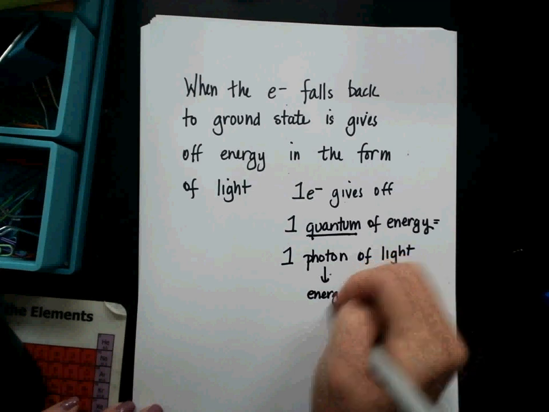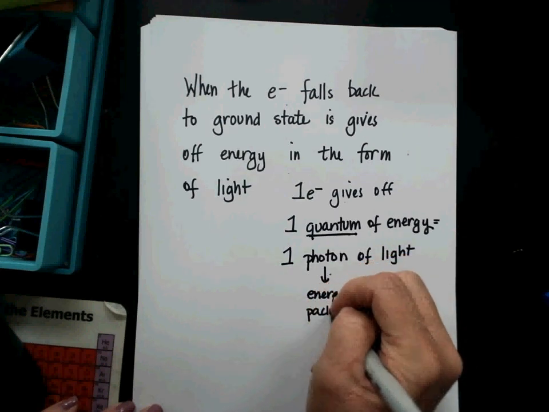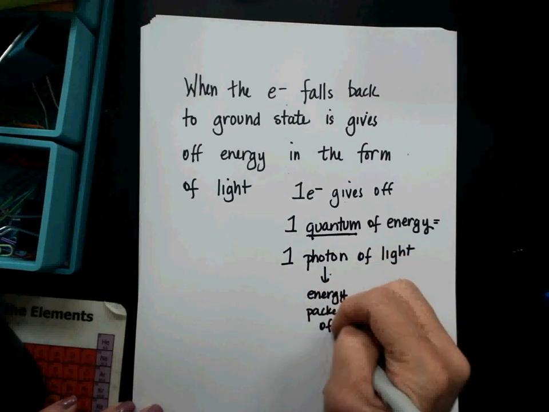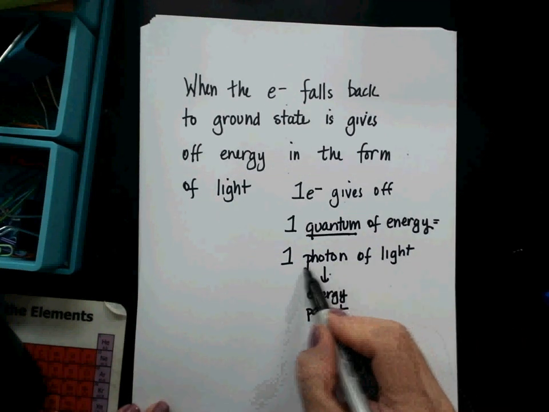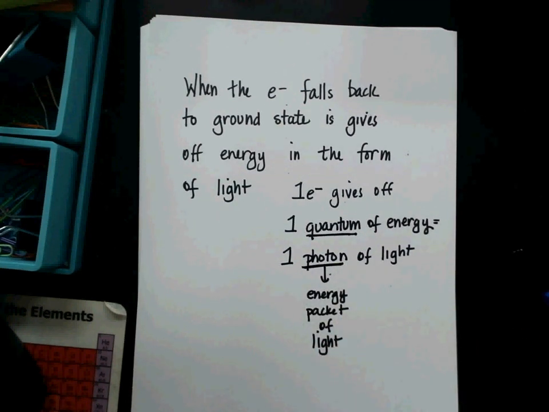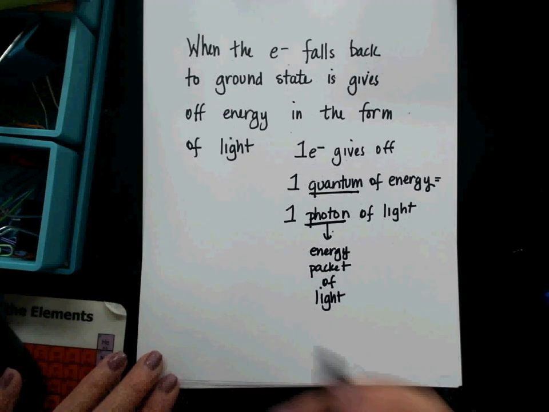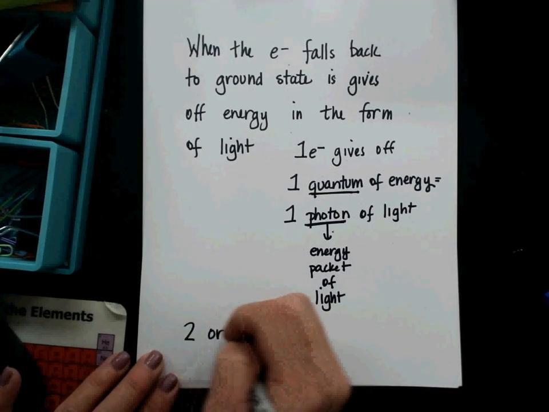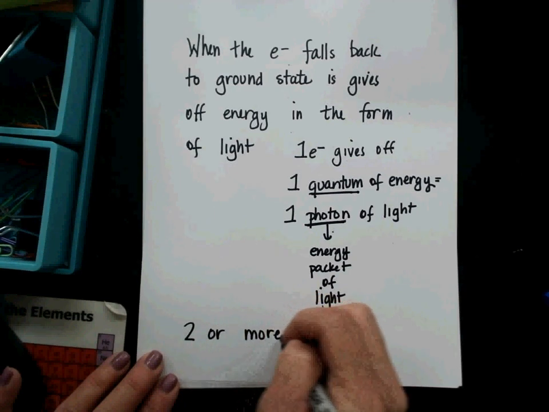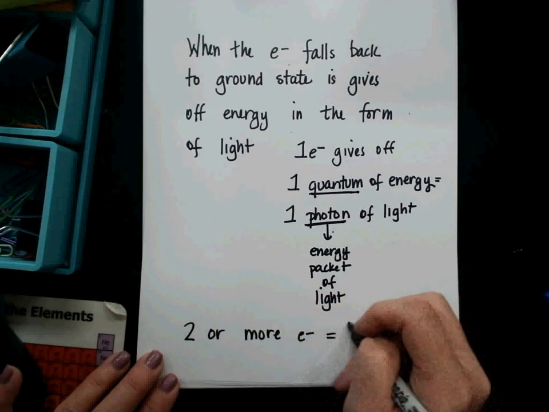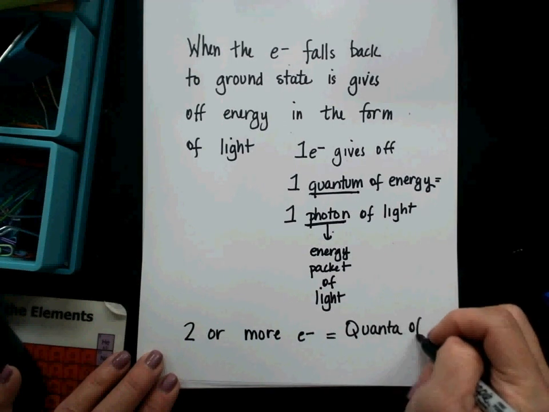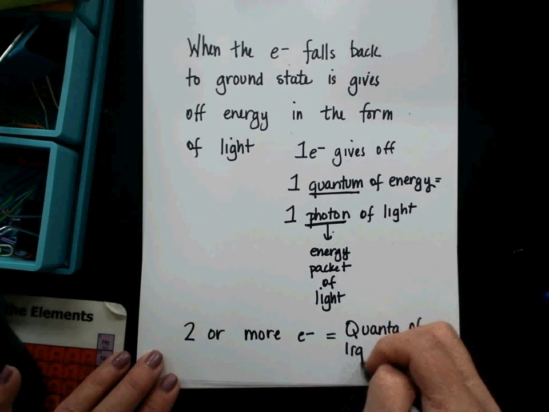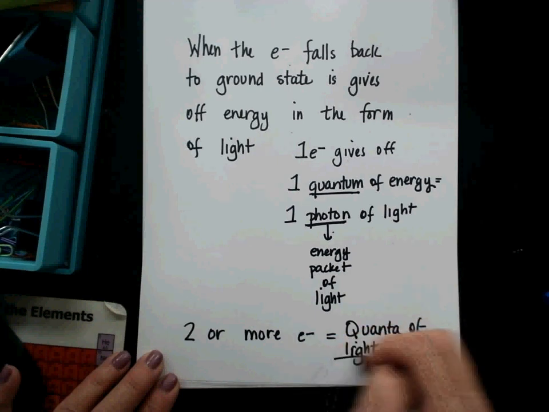And a photon is just an energy packet of light. So those are two different terms. One quantum equals one photon. If I have two or more electrons doing this, then it's called a quanta of light.